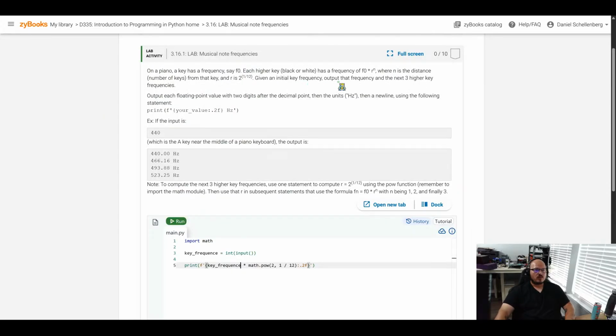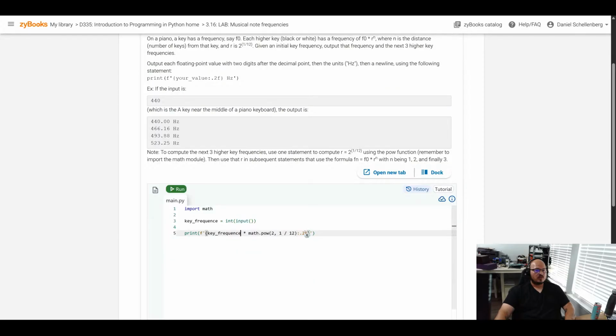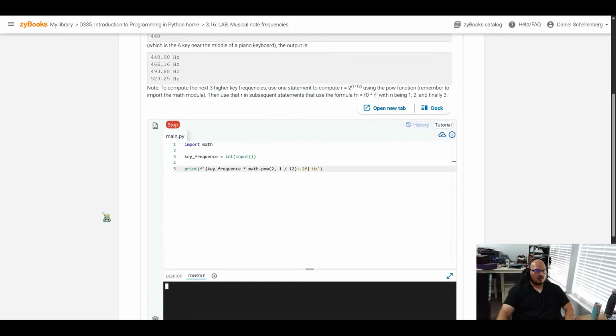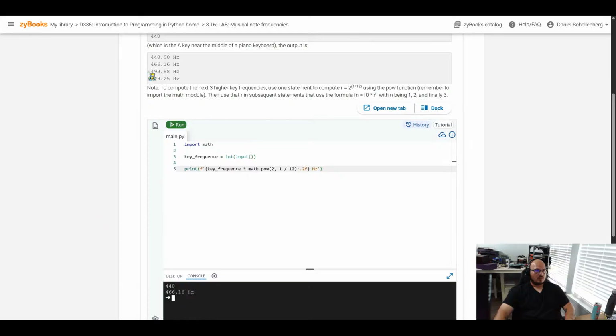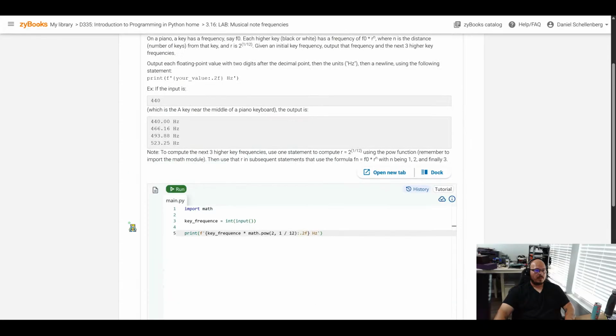Give the initial key frequency, I'll output that frequency and the next 3 higher key frequencies, each as a floating point. And then technically it wants us to do F0, so let's say this, 2F.